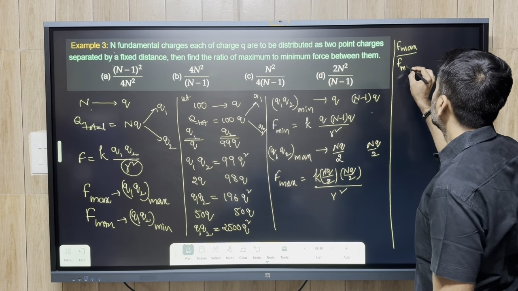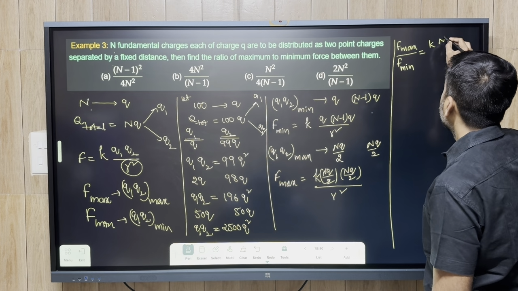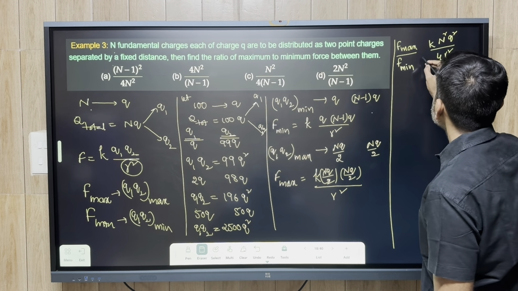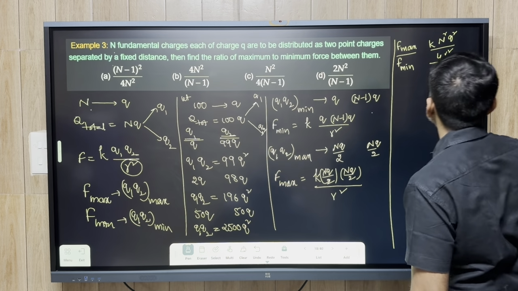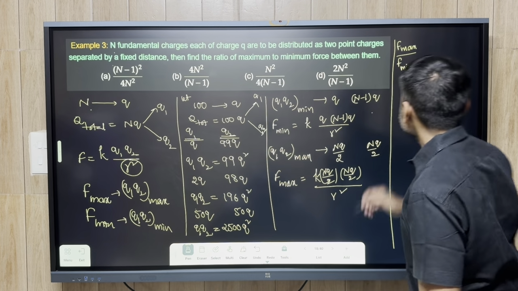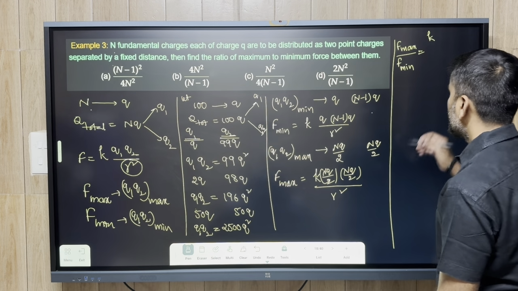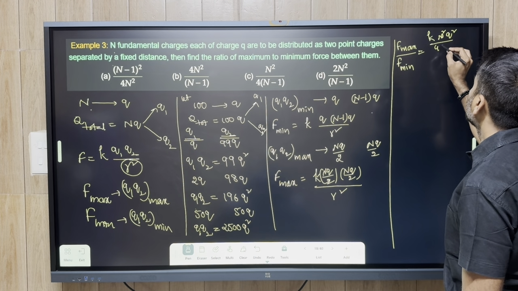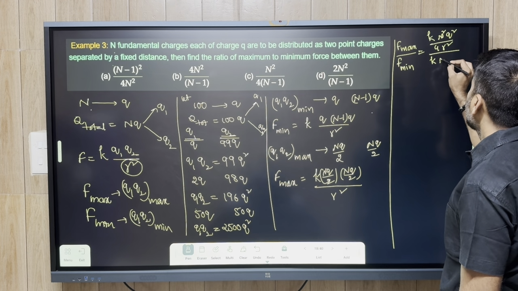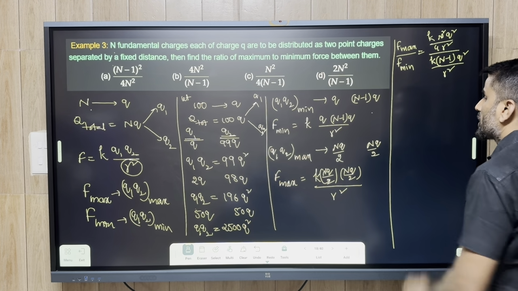F max is K n square Q square upon 4 R square, divided by F minimum, which is K n minus 1 Q square by R square.